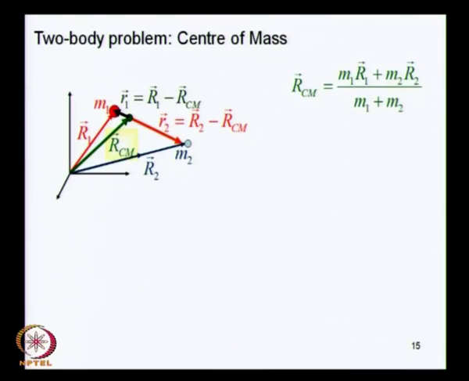It is also useful to find the center of mass, which is given by the position vectors weighted by their respective masses. So, you define a center of mass which is in between and closer to the larger mass, and we develop an approximation when one of the masses is much larger than the other, which is of course true for any planet in the solar system, or for any satellite of any planet in the solar system.